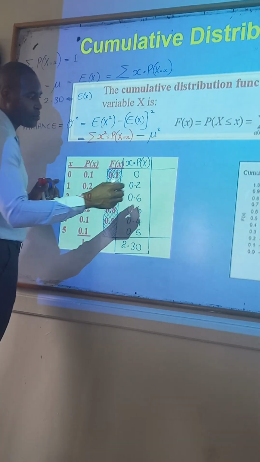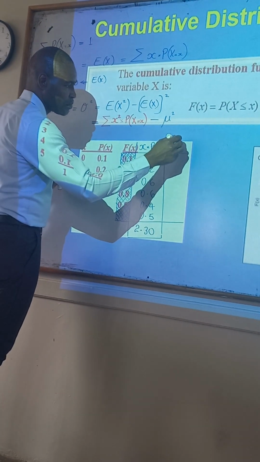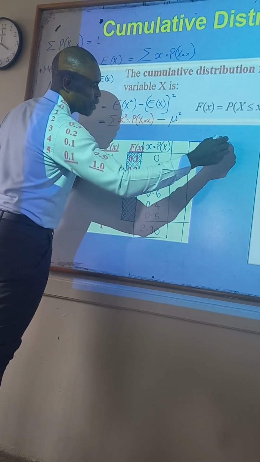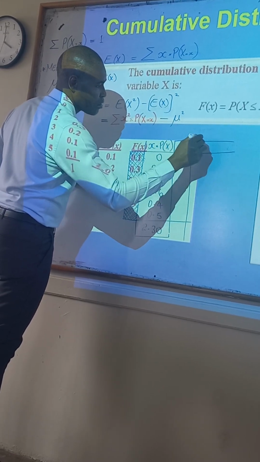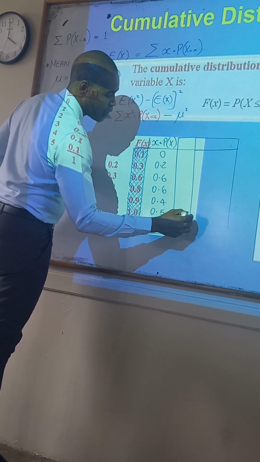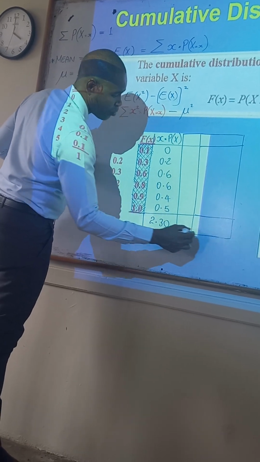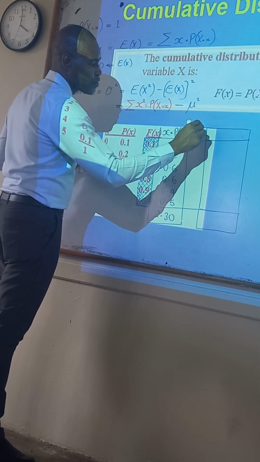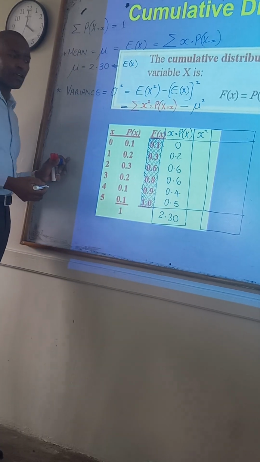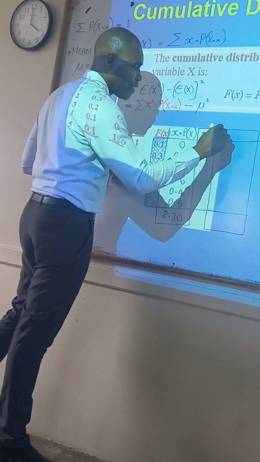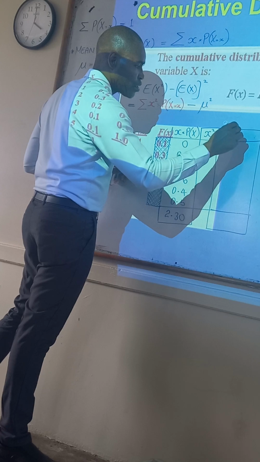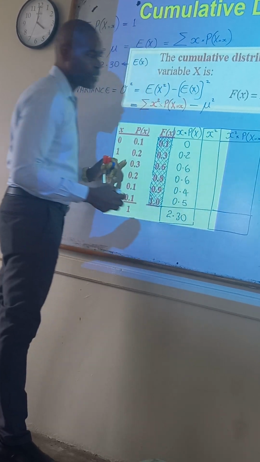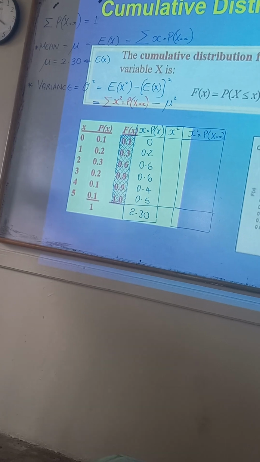Let's go again. So each x value, we're going to square them. And then afterwards, we're going to multiply by their corresponding probabilities. Let's square each x value first, and then that squared x value, we're going to use it to multiply by the probabilities.